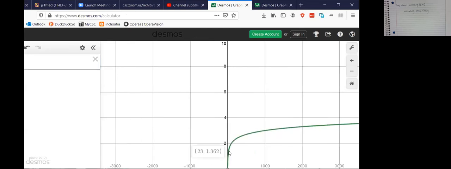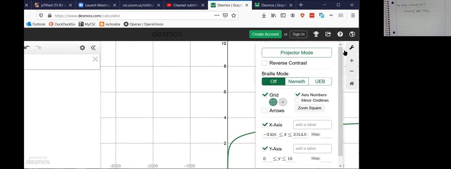And it's increasing, you can see. But here x is like 3000, and the common logarithm is still under 4.